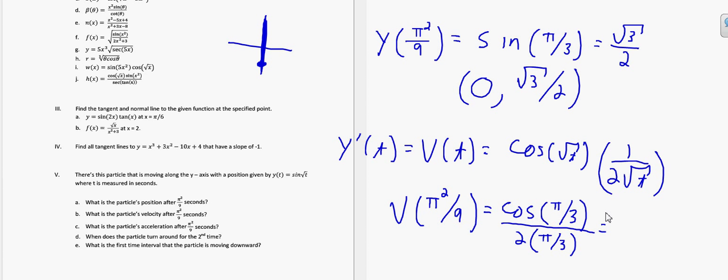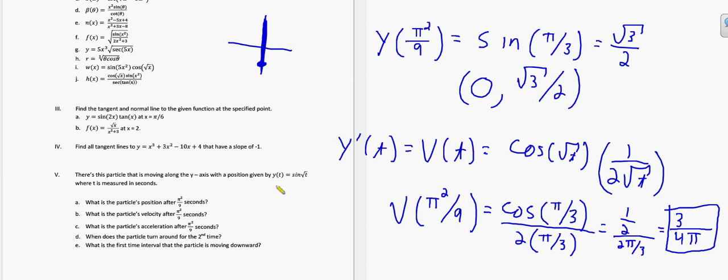Cosine pi over 3 is 1/2, divided by 2 pi over 3. When you divide fractions, you multiply by the reciprocal, so this is really going to be 3 over 4 pi.